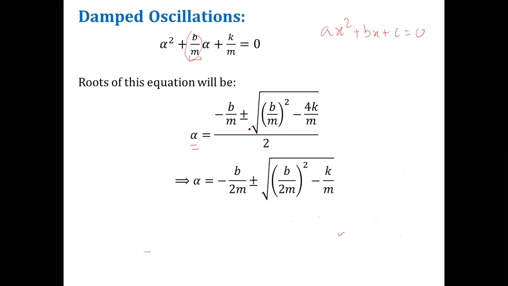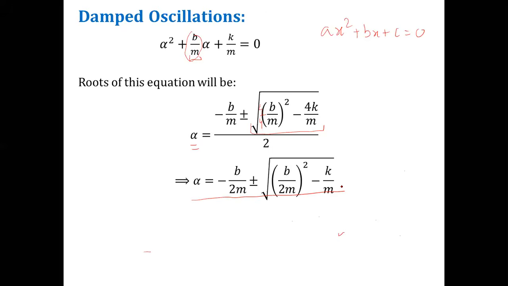In the square root, if you take 4 common, you have to multiply by 4 and divide by 4. I can take that 4 inside as 2, and the square of 2 would be 4. Now you have 4 here, take that out, you will have 2 upon 2, that would be cancelled. So you will have something of this form here.